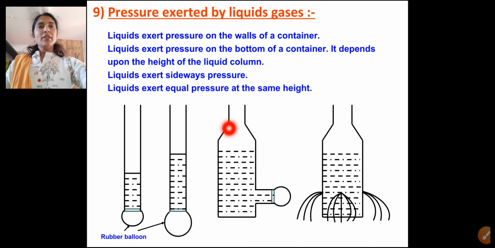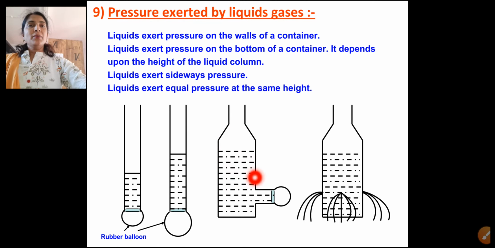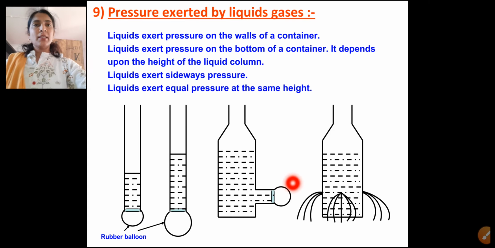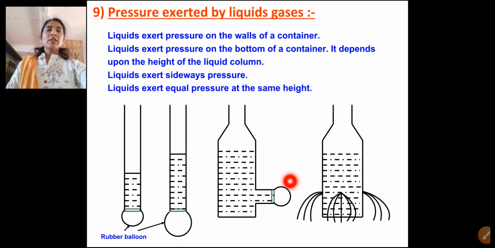Water will pass through the gap, and whatever material is attached will start feeling the pressure. So here you can see the change in the size of the rubber sheet or the balloon. From this you will come to know that liquid exerts pressure on the wall of its container.